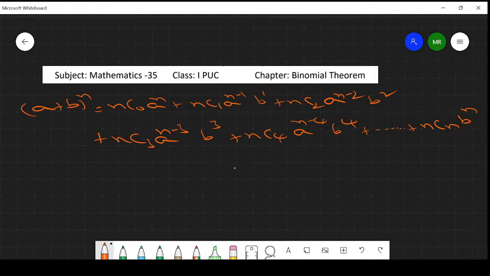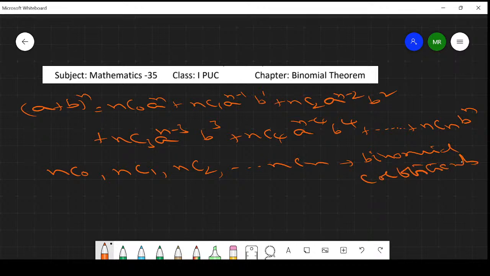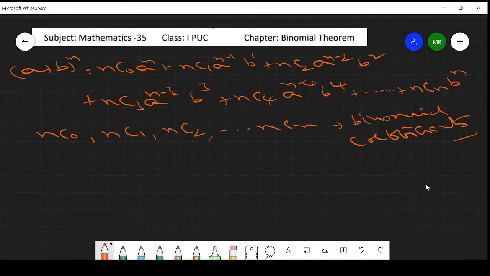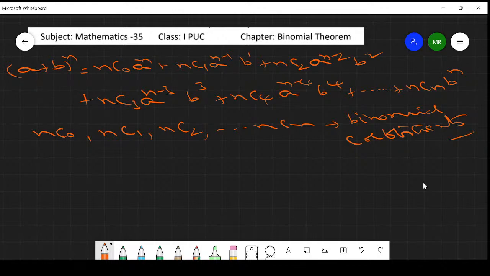Here nC0, nC1, nC2, and so on, nCn are called binomial coefficients.